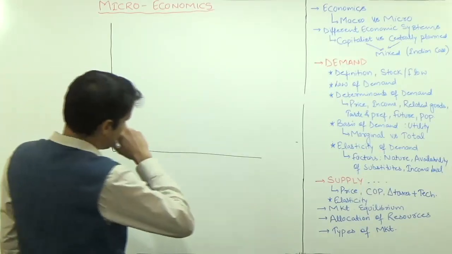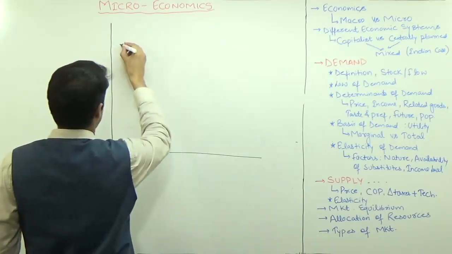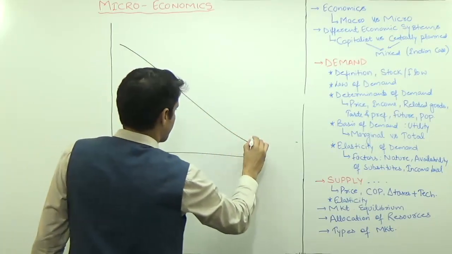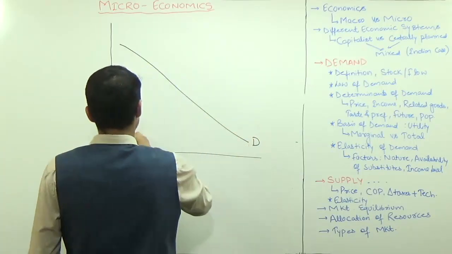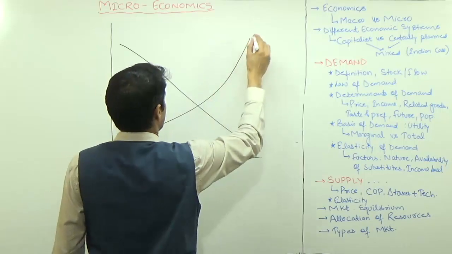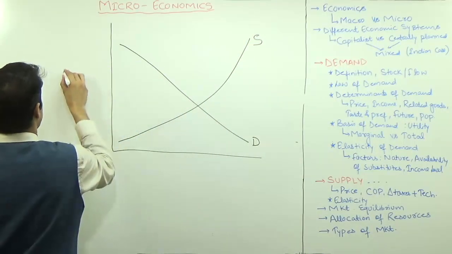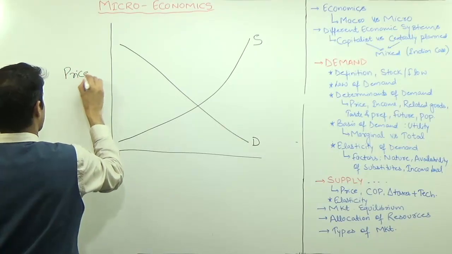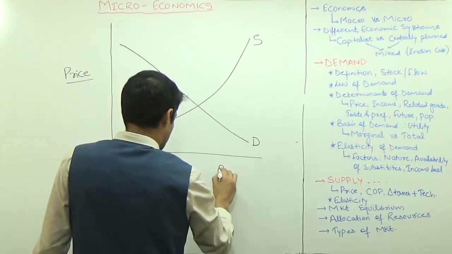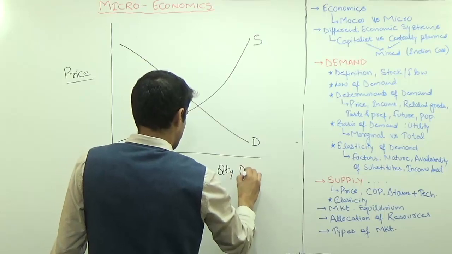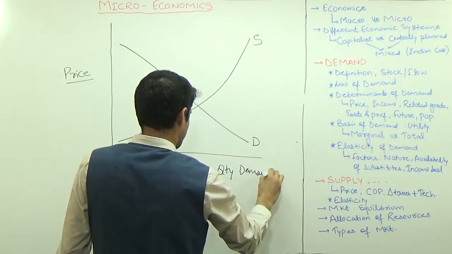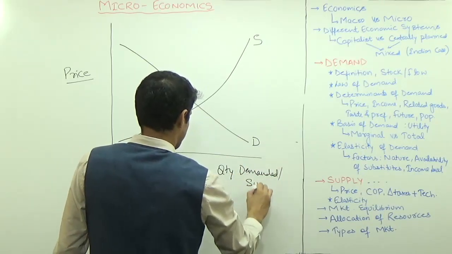But this market equilibrium concept is, if this is the demand curve and suppose this is the supply curve, straight line or whatever it is, this is price and this is quantity demanded or quantity supplied.